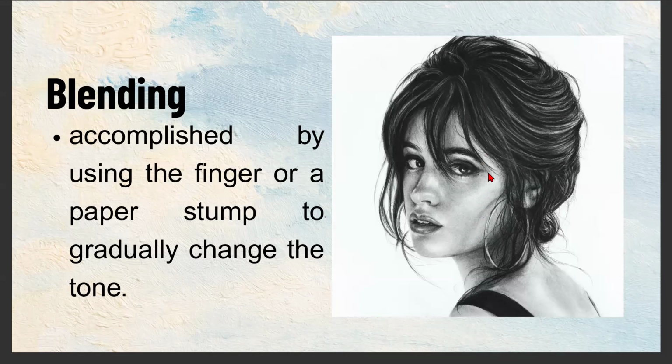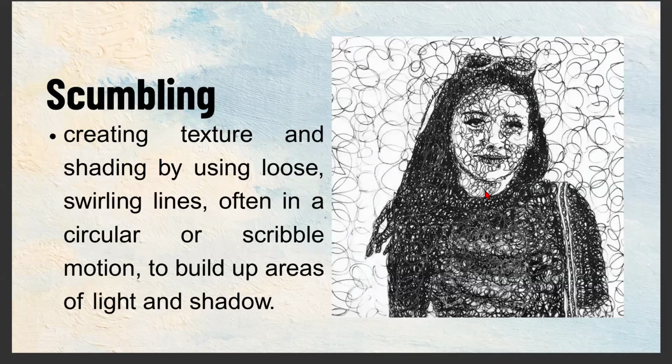When it comes to blending, most artists use fingers or even a stomp to smudge and blend colors. When an artist uses blending, it can soften the lines, create a more realistic effect, and remove harsh edges. Commonly, blending is used in portraits. So that's blending for you.